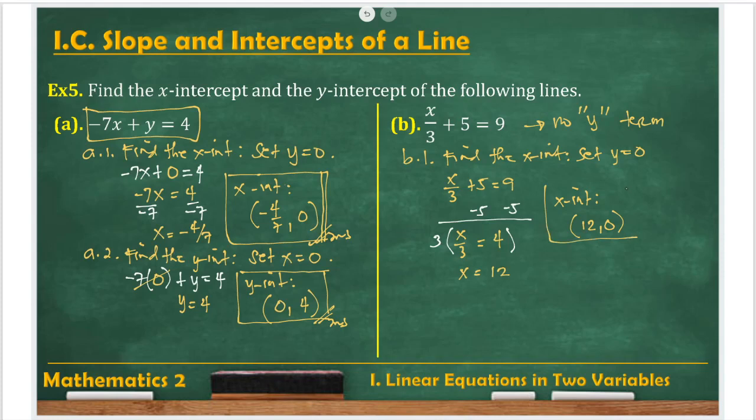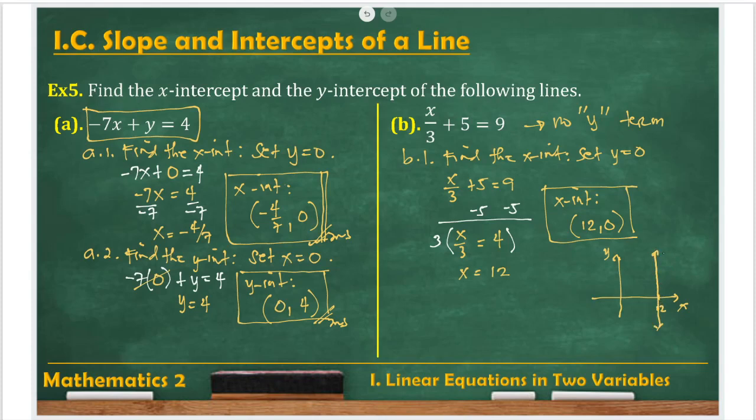Okay, so now if we're going to sketch the graph of x equals 12, if you have the x-axis and y-axis, and let's say this is 12, then the graph looks like this. It's a vertical line passing through x equals 12.